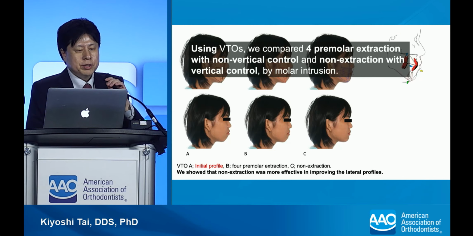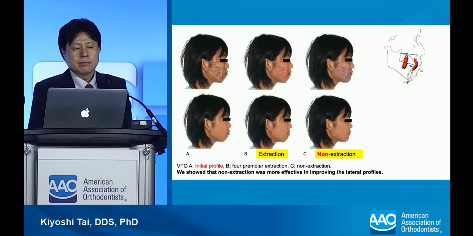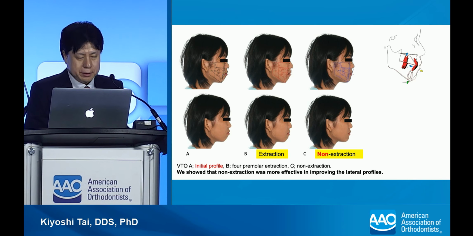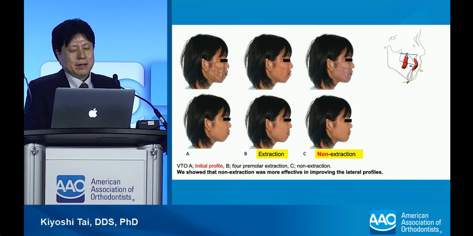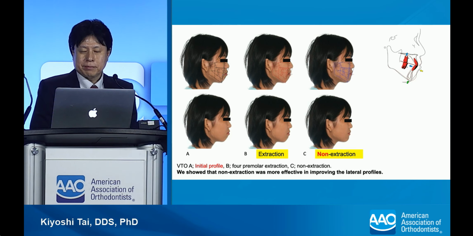Using the VTO, we compared 4 premolar extraction with non-vertical control and non-extraction with vertical control by molar intrusion. Here we show that non-extraction was more effective in improving the lateral profile.